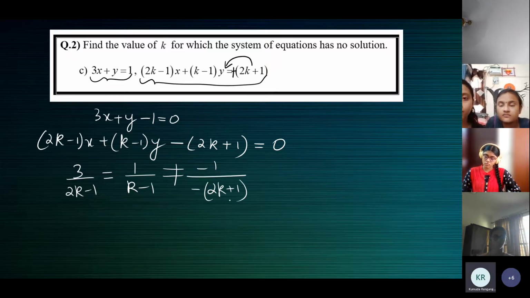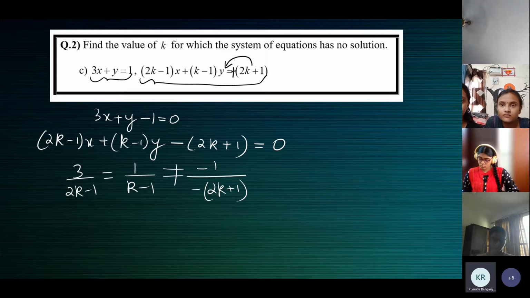So this one is the condition, children. Condition for no solution: a1 by a2 is equal to b1 by b2 is not equal to c1 by c2. So we know this condition. In place of a1, b1, c1, a2, b2, c2, we'll have to substitute the relevant expressions.